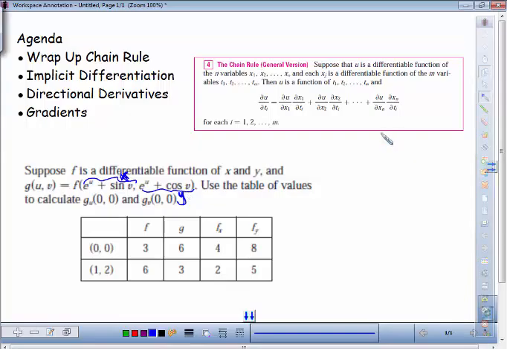So this is where the notation can get a little bit screwy, but we just have to look through the names of these functions and what they mean. So like the top function, we can call it G or F. Doesn't really matter, but we know that that's a function of x and y.